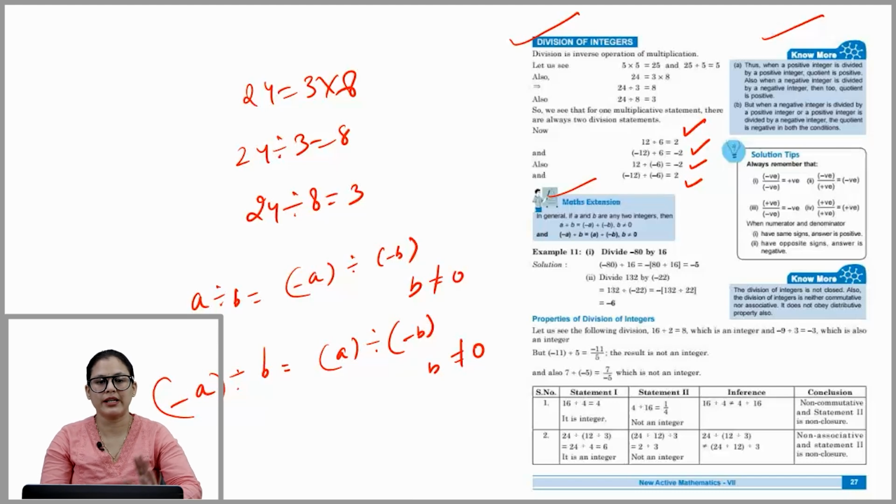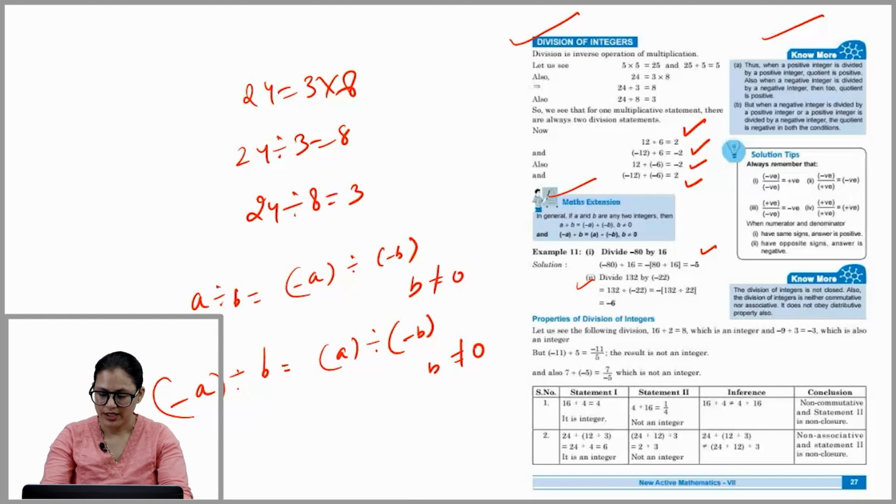Example, you have to divide minus 80 by 16. When you divide 80 by 16, you will get 5, and after that you will put a negative sign before 5. Then in this question also you will divide, and the quotient you get will be negative.